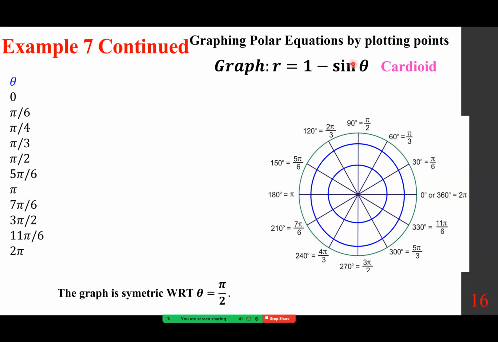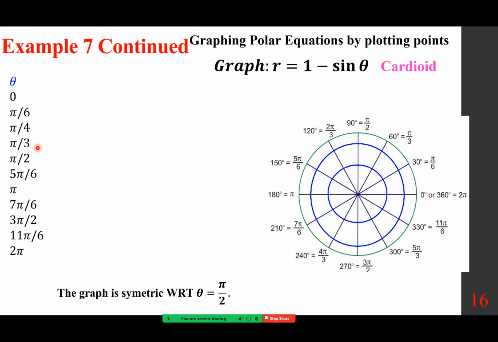Because it's a common arc, you know this is 0, so 1 minus 0 is 1. Pi over 6, you know sine of theta is what? 1/2. So 1 minus that makes it 1/2. Pi over 4, square root of 2 over 2. So 1 minus square root of 2 over 2.